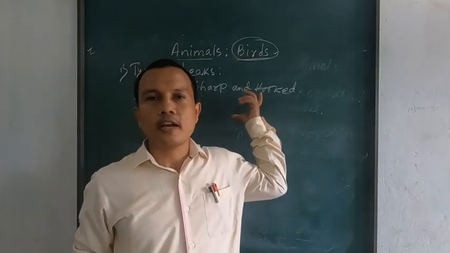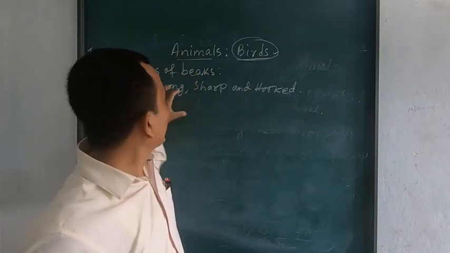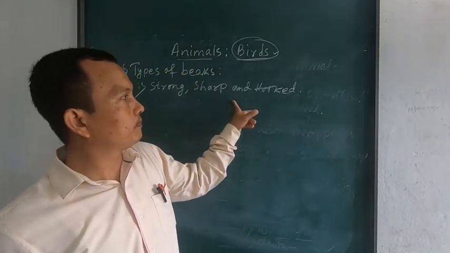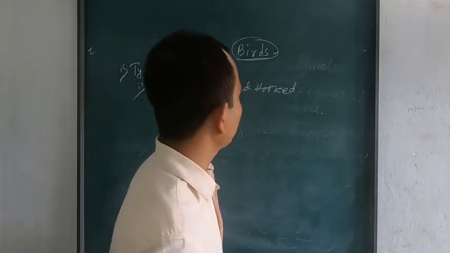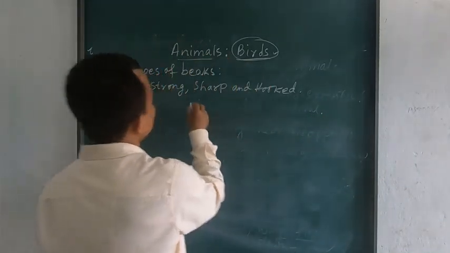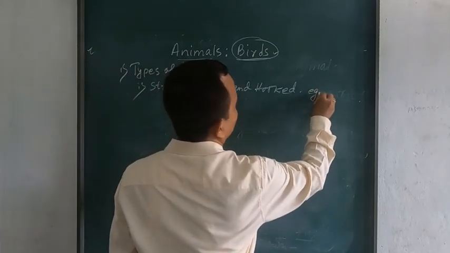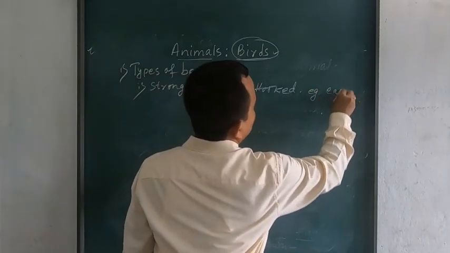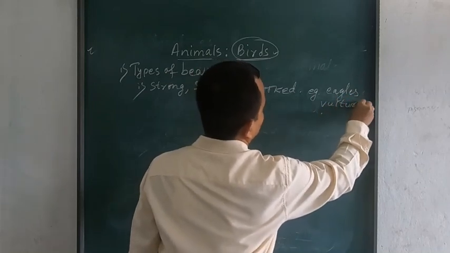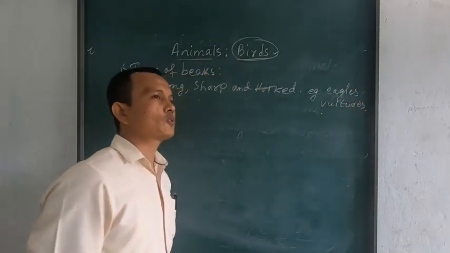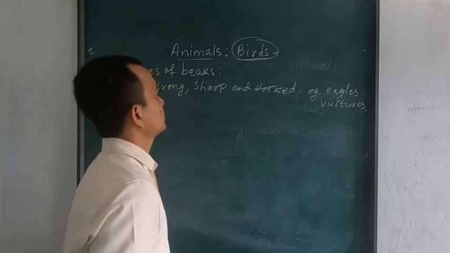This type of beak helps the birds to tear the flesh of animals. Examples are eagles or vultures. There are a few more, hawks and kites you can mention.